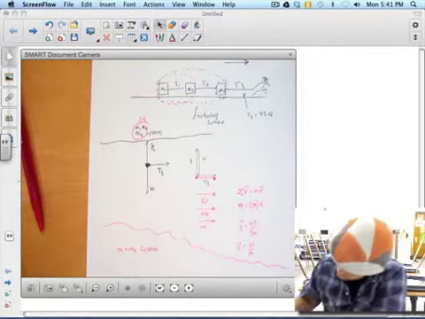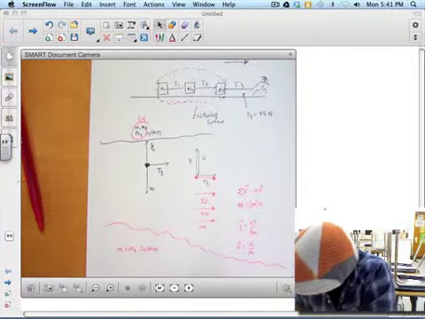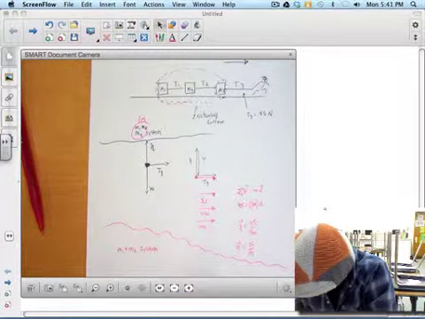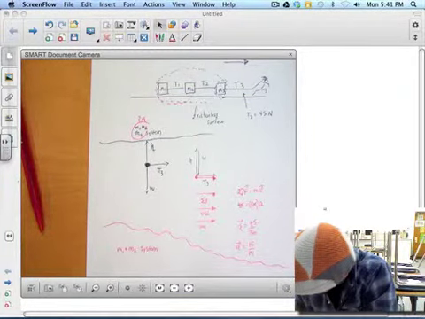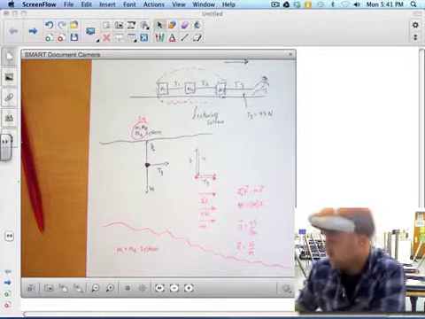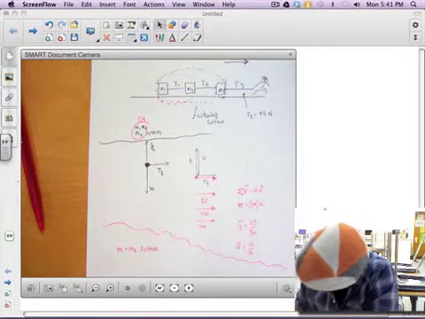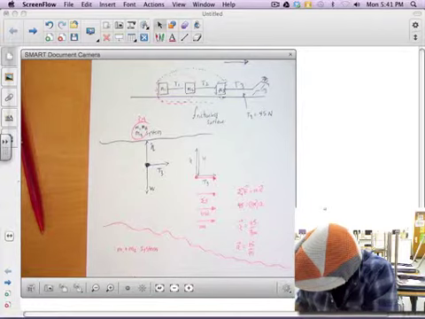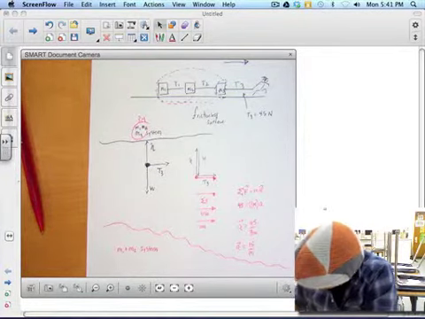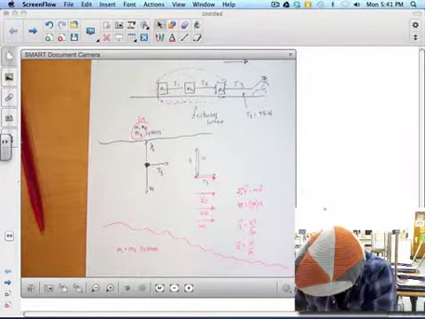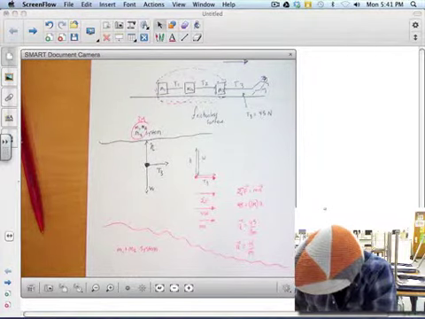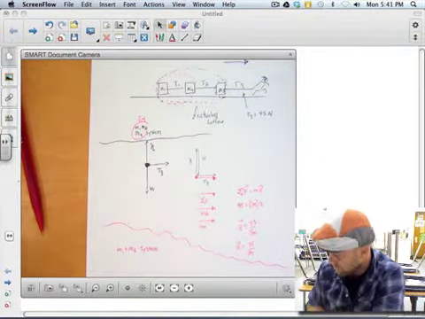If I draw a new vector from where I started to where I finish, that's my net force vector, my total force, my sum of the forces, my resultant vector.